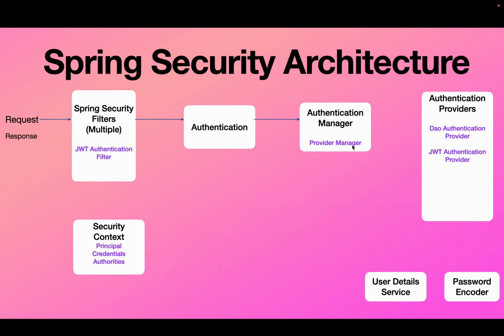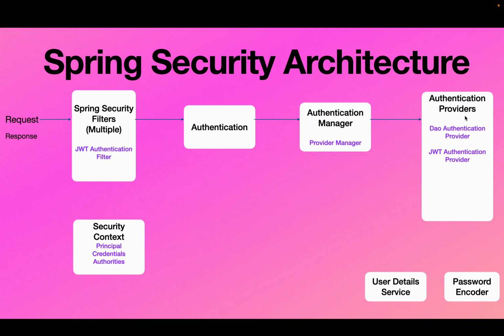I have just provided it here as an example. This is the commonly used class which is implementing the authentication manager. So what will this authentication manager do? It will check what are the available authentication providers in my web application.